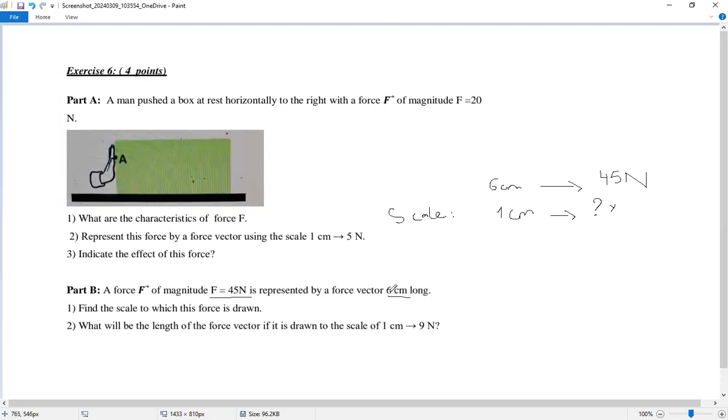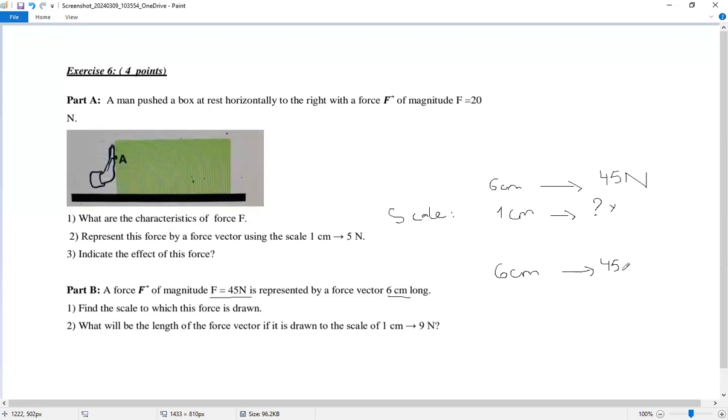So they gave us the length of the force and the magnitude. Yani, they told us that this force that has a length of 6 centimeter is 45 Newton, okay?